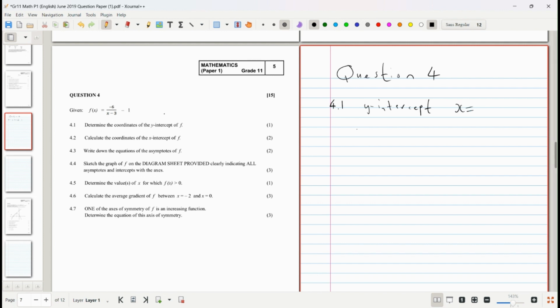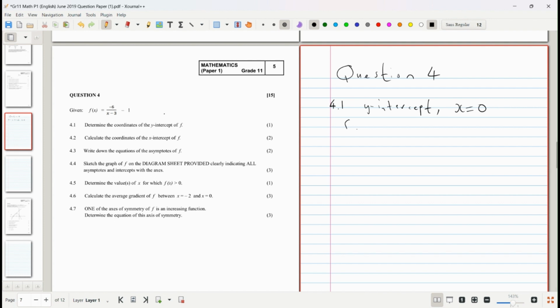x will equal 0. So for the y-intercept, x will equal 0. f of x is the same as y, so we need to substitute 0 where there is x.